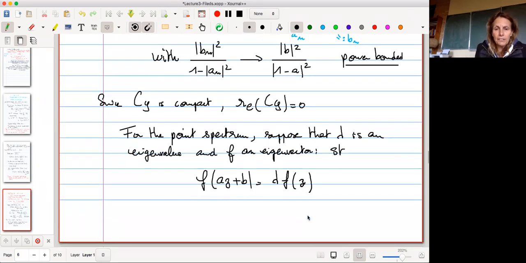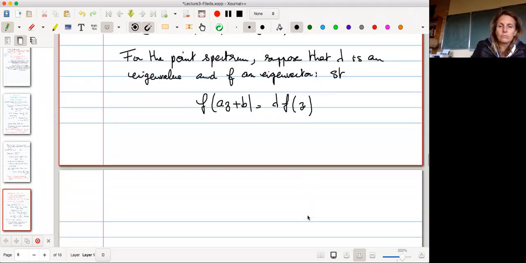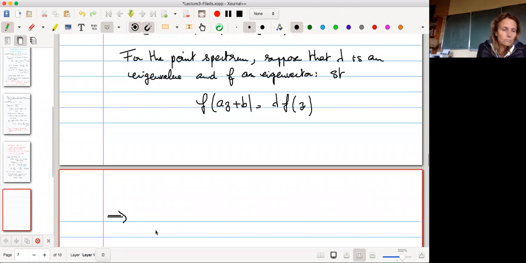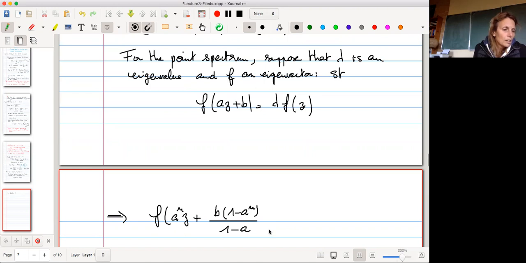Iterate, we get f of a n z plus b times 1 minus a n over 1 minus a is then equal to lambda to the n f.